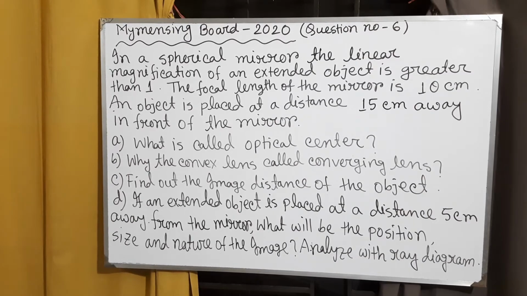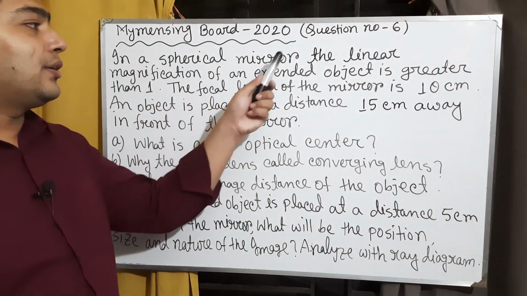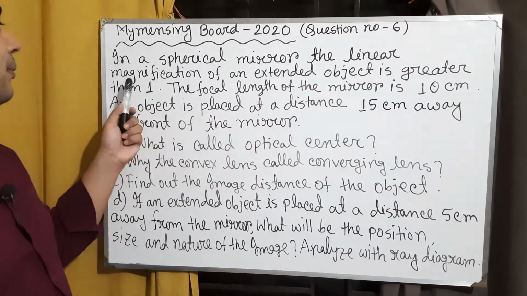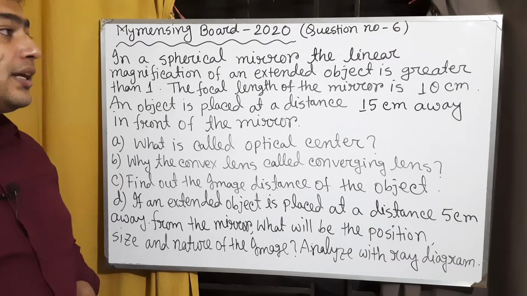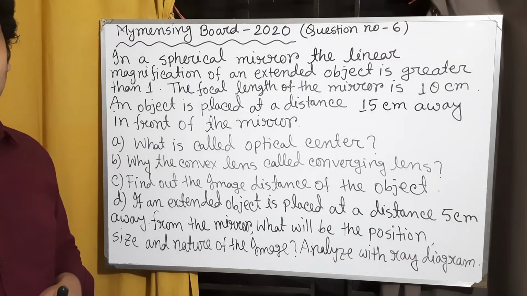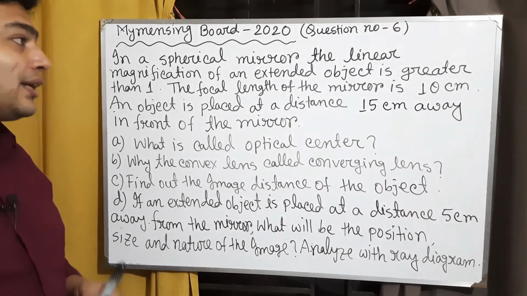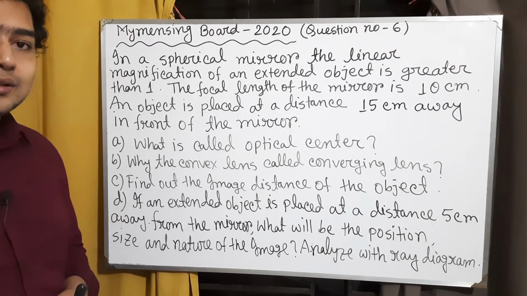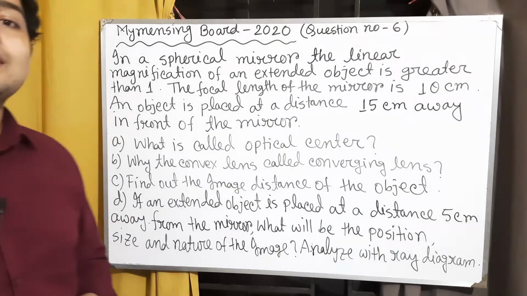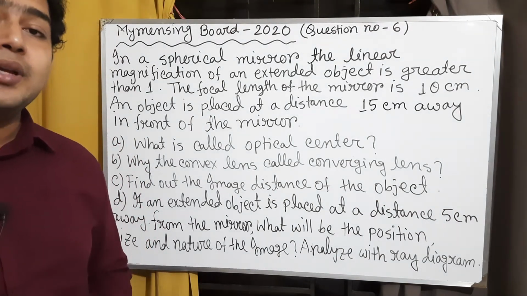Today's CQ question is: in a spherical mirror, the linear magnification of an extended object is greater than 1. Greater than 1 means the image is a magnified image, and a magnified image is produced only by a concave mirror.